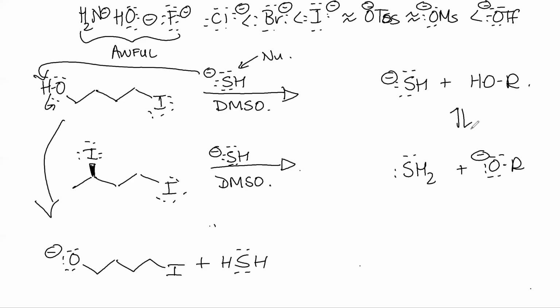Which direction does this equilibrium lie? What charge is more stable? Negative charge on a sulfur or negative charge on an oxygen? Right, the negative charge on the sulfur is the more stable.